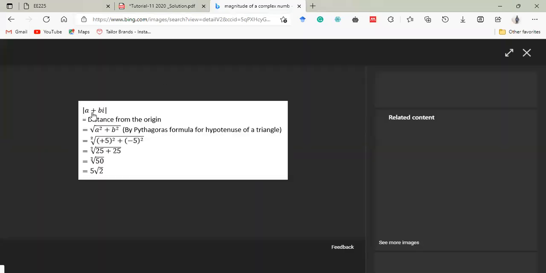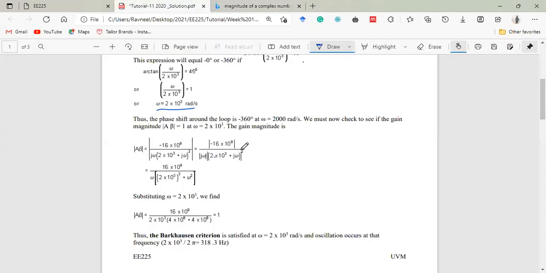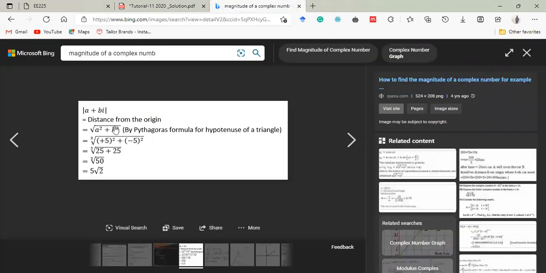The magnitude of a plus bi, or in our case it will be a plus jb, is basically equivalent to root of a squared plus b squared. So in that particular case, if we take the square of this whole value, because we have this square sign over here, the square will cancel off with the square root. So we'll be basically left with a squared plus b squared, right?